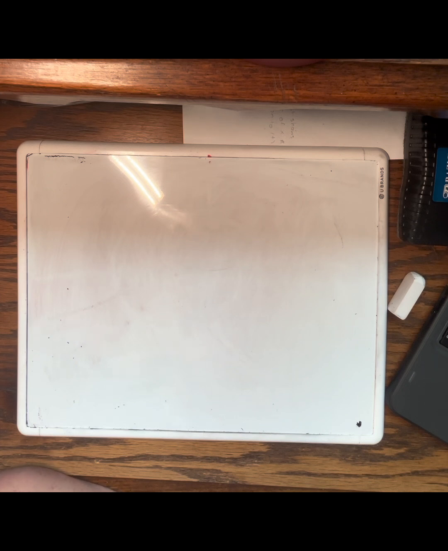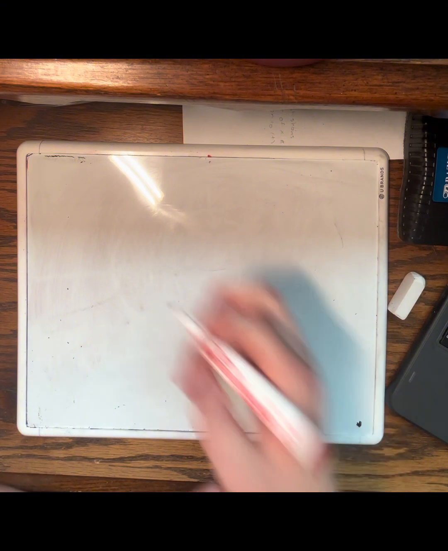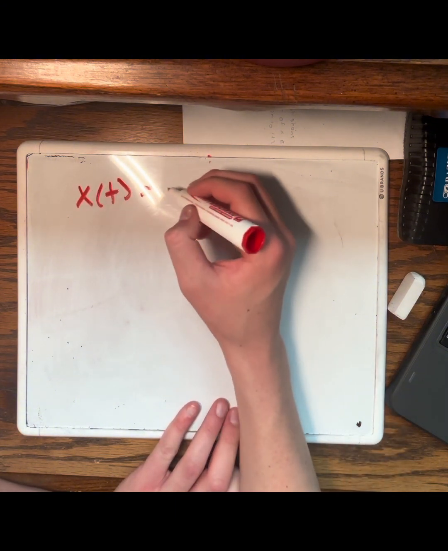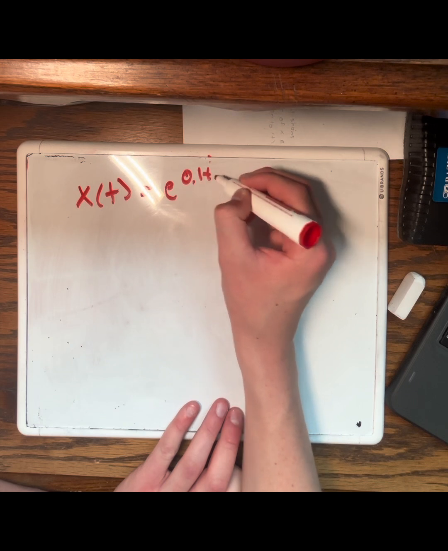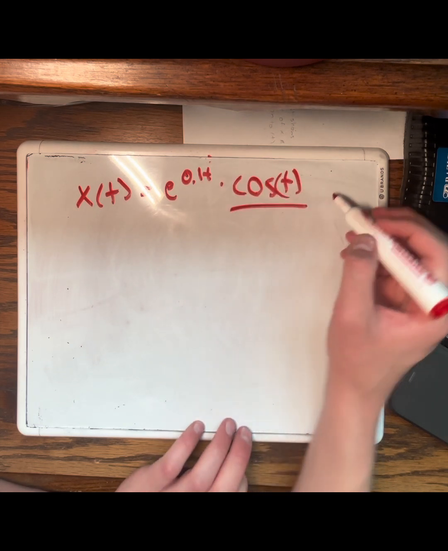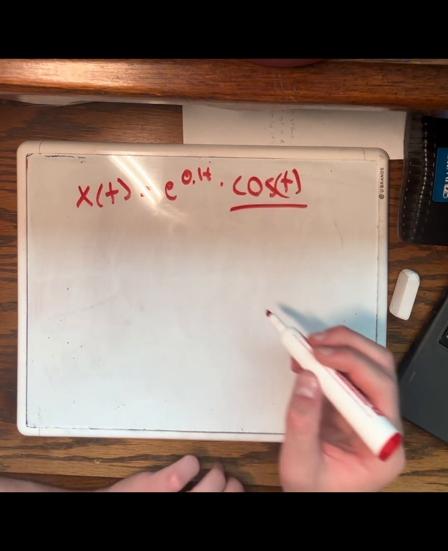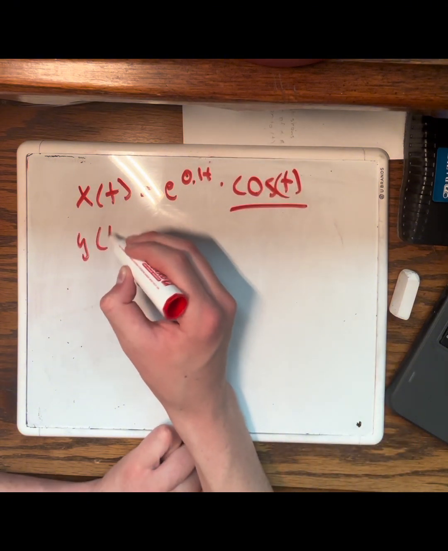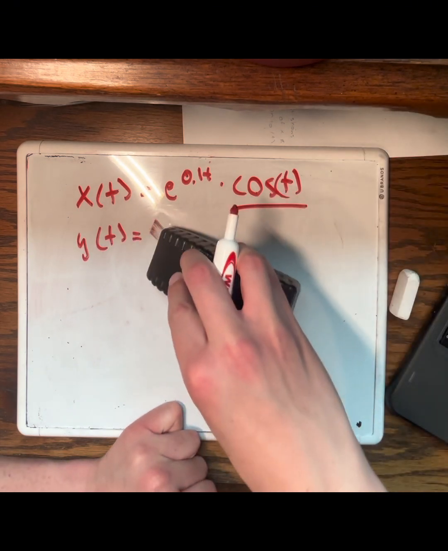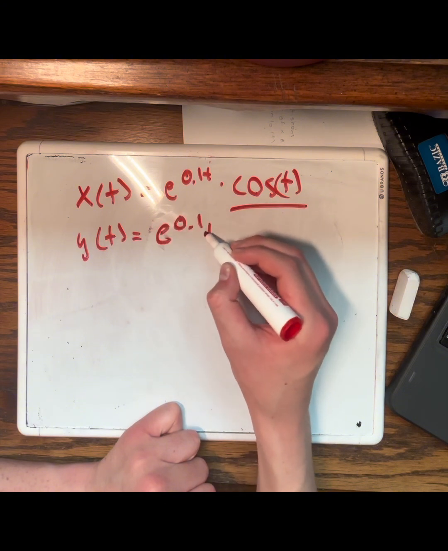So for the two equations, x is related to t by x equals 0.1t times cosine t. This is the oscillating part, and this is the part that's going to help it grow a little bit over time. Y related to t is basically the same thing, but you substitute in sine because you're using sine values.